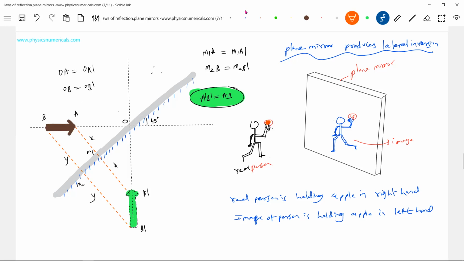I think everyone can experiment with this. So for him, this is the right arm. This is the left arm. For him, this is the right arm.